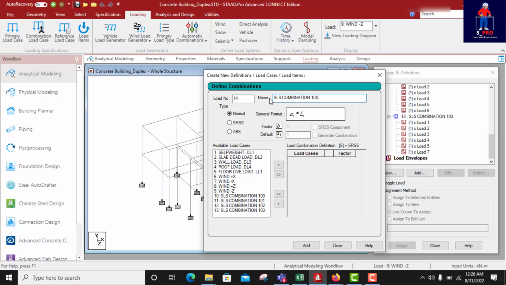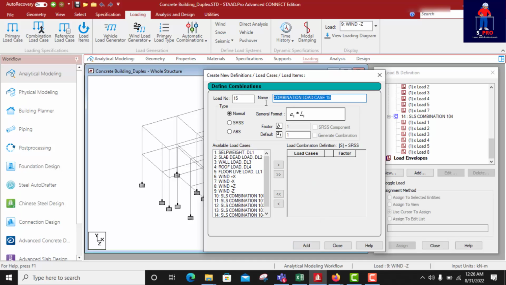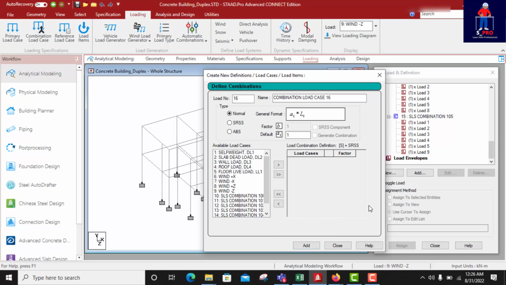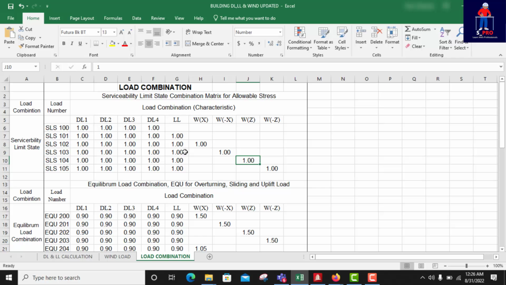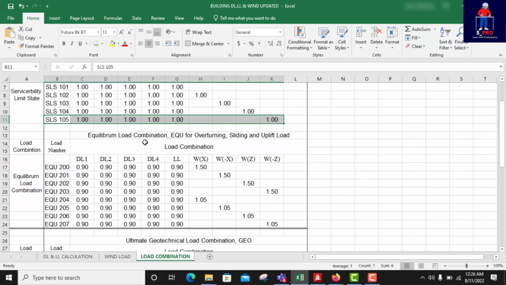SLS 104, all these with Z in positive direction. Then the last one, 105, the negative Z. Add this. I'm done with the first load combinations, 100 to 105. That's good.